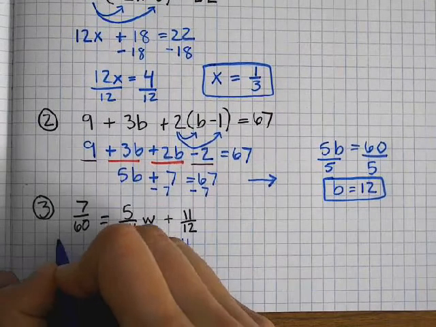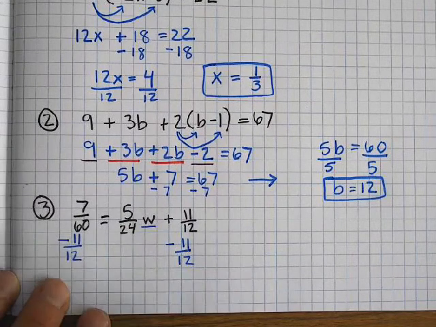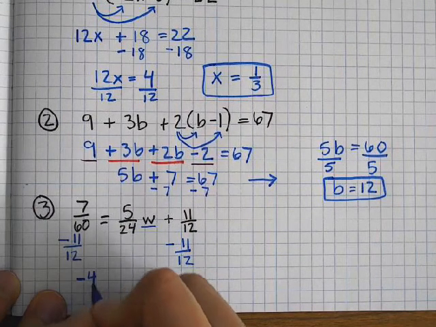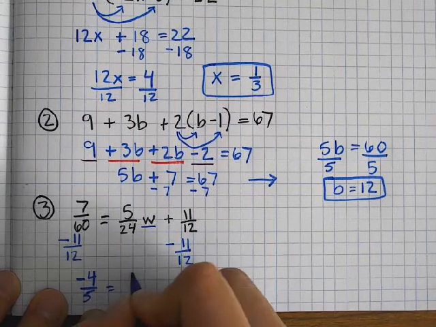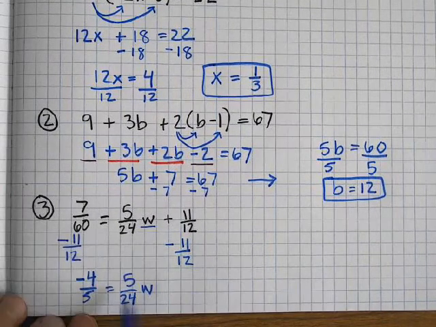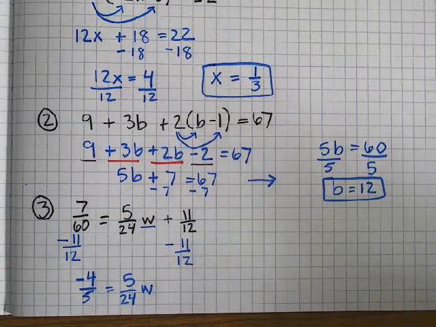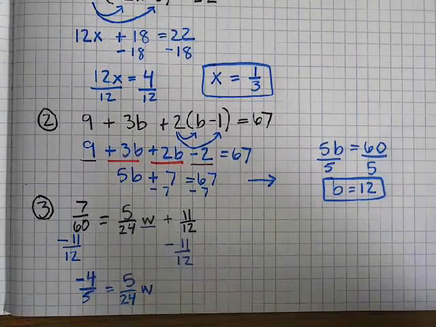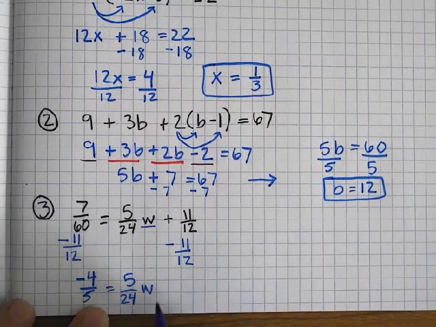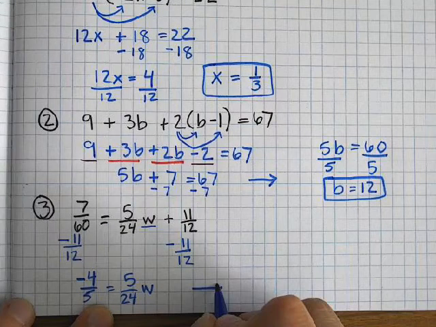Right, so first we're going to subtract our 11 over 12. So we've got negative 4/5 is equal to 5 over 24w. Now these are being multiplied. When we divide, we actually multiply by the reciprocal. Again, use your calculator. Do what's easiest for you. Math doesn't have to be my way or the highway.